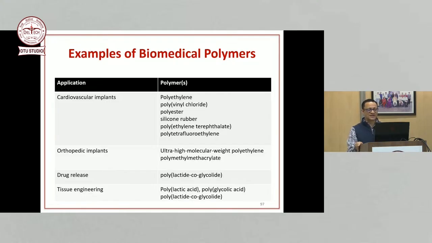For orthopedic, you can use it for the cup of the hip implant. For drug release, we have just written PLGA, for example, because it's a completely degradable polymer. It can just release everything. For tissue engineering, we can use scaffolds that slowly degrade while tissue takes its place, right?